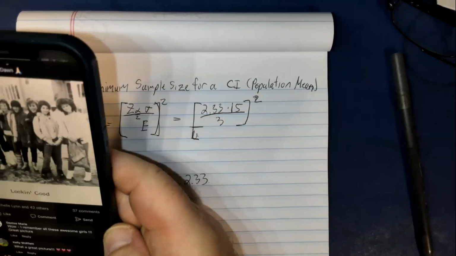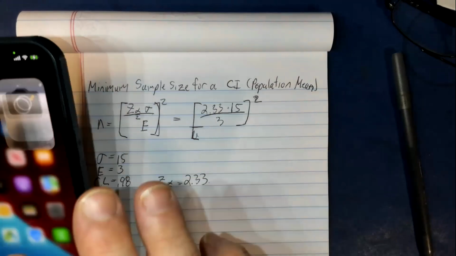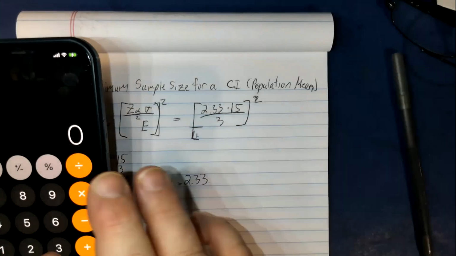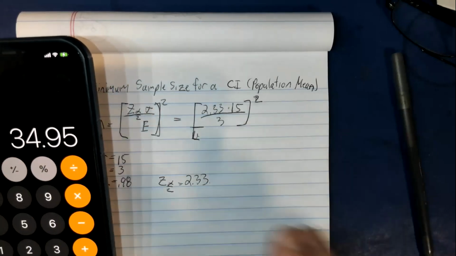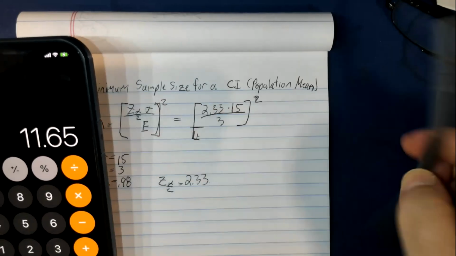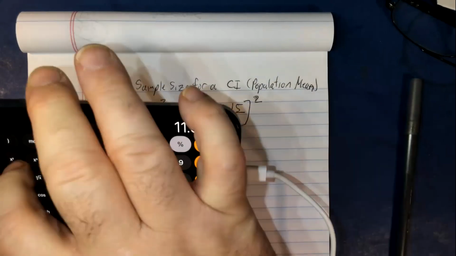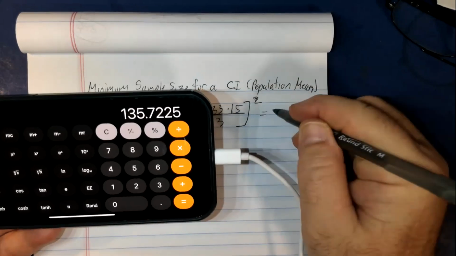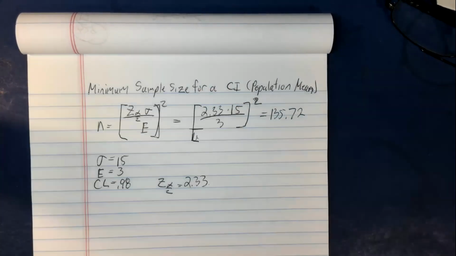On the calculator, it's going to be 2.33 times 15, divided by 3. Then I'm going to take this result and square it. The result I'm going to get here is 135.72.